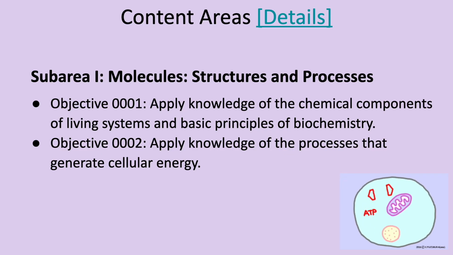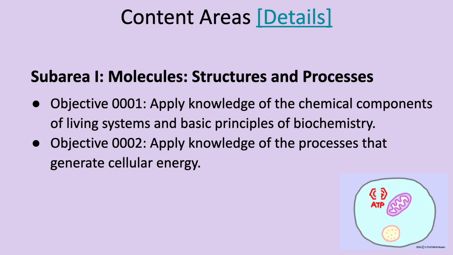The content areas are much more detailed than what I'll go over here. So again, like many times throughout these presentations, there's links, and here the details link would take you to the DESI site with a lot more information on the specific details.